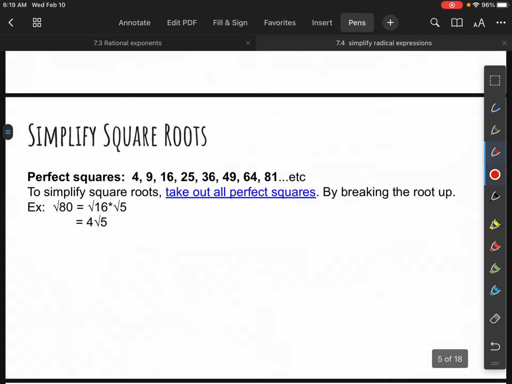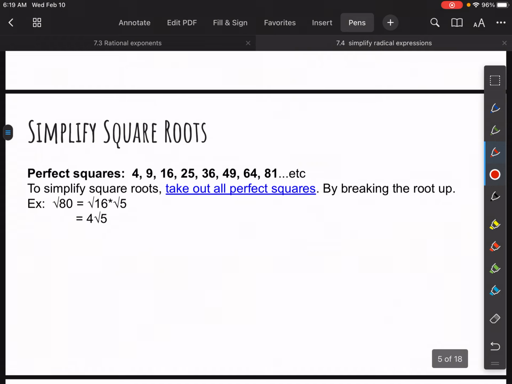Okay, so let's simplify square roots for a little bit here. You might want to write these perfect squares down as you're learning this. A lot of my students will write these down because they're not super familiar with them. Other students are, but we know where these perfect squares come from, I hope. Let me give you a little visual for the first one here.